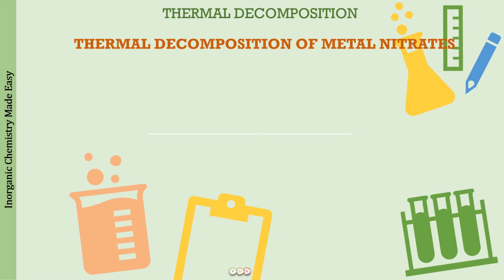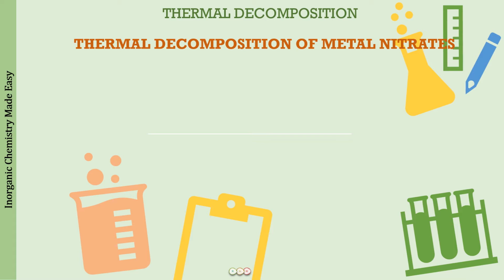Group 1 metals, then group 2 metals, and then D block, F block metals, and even in the P block, the top ones are non-metals, but down the group they become metals. For example, we have lead and tin, metals even in the P block.